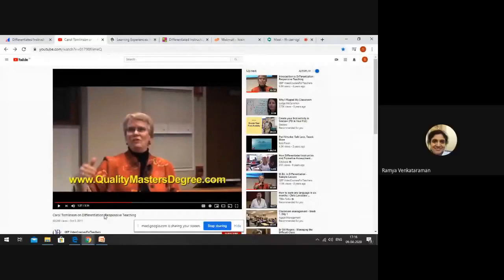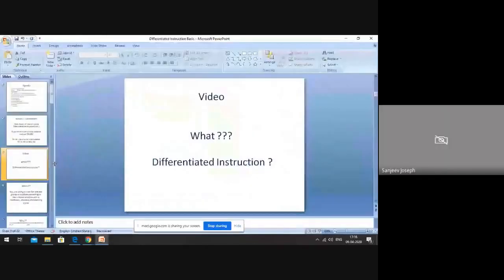So basically, she is telling us that when the students come to the class, they all have different learning styles. They are at different levels of learning, and they also have different interests.